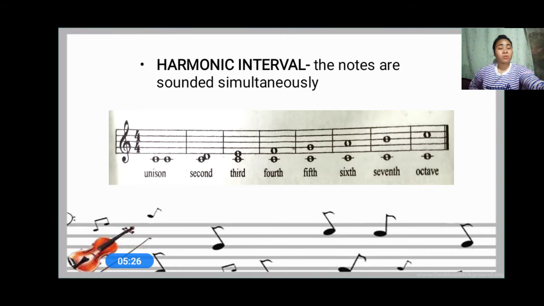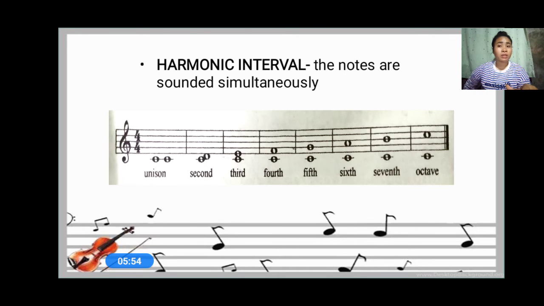Do you understand? So what are the two kinds of interval? Harmonic interval and melodic interval. What is interval? It is the distance between two tones in a pitch. The two intervals are melodic interval and harmonic interval, wherein melodic interval is sounded one after the other, while harmonic interval is sounded simultaneously.